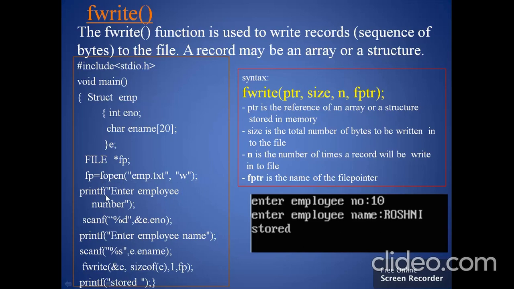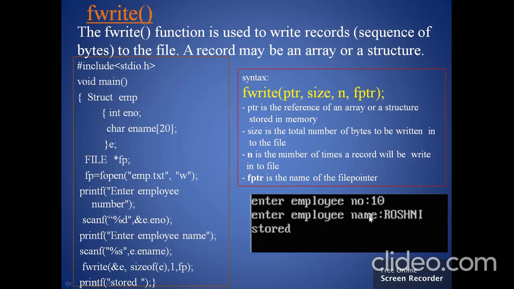Then next we will have a printf. Inside the printf, we will have this statement, that is enter employee number. That statement will be written on the console. Then after printing the statement, we will enter the employee number. So here the employee number is 10. That 10 will be stored in the eno variable of the structure with the help of the scanf function. Then after that, we will have another printf. The statement inside that printf is enter employee name. That statement will be printed on the console.